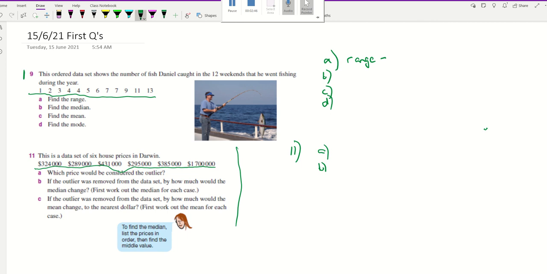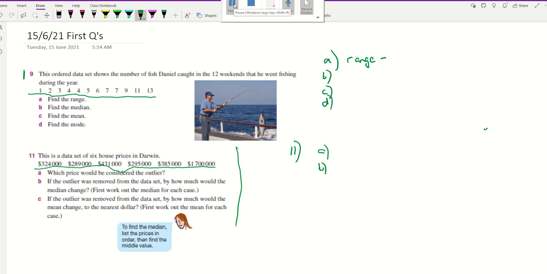The first question is merely asking you to write down which price would be considered the outlier. And remember, outliers distort or give you a wrong impression of the mean, for instance, and the range. It doesn't usually affect the mode or the median because they're not usually affected by the outlier.